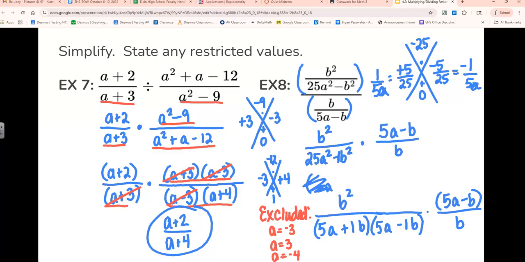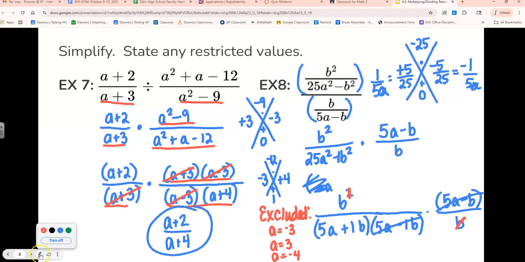So whenever I'm looking at this, that 5A minus 1B and the 5A minus B, those can cancel. There's one more thing that can cancel. I can cancel one of these B's, because that B squared is really like having two B's right there, right? It's like B times B. So I can take this B right here, and I can cancel it with one of those B's up there in the top.